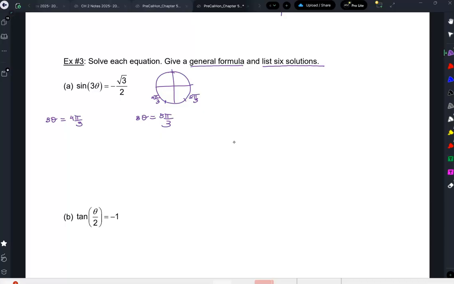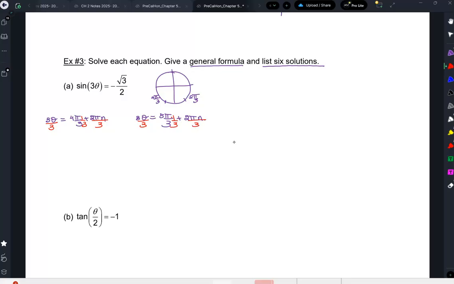But I need the general formula, right? So over all of the real numbers. So it's 4 pi over 3 plus 2 pi n, 5 pi over 3 plus 2 pi n. Because it says the general formula. It's not from 0 to 2 pi. It's everything. So now, when I divide by 3, I need to divide everything by 3.